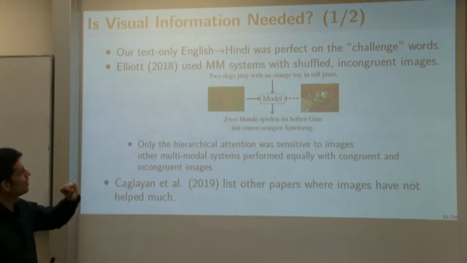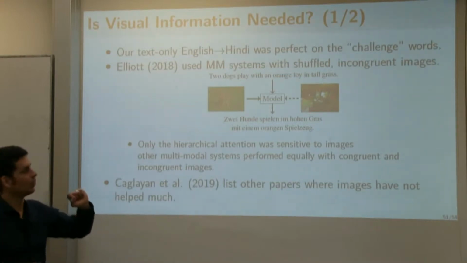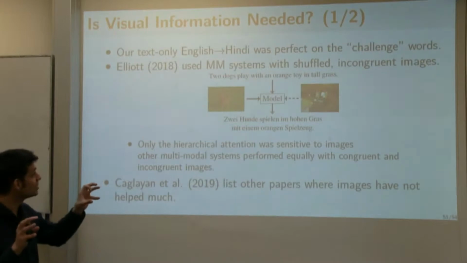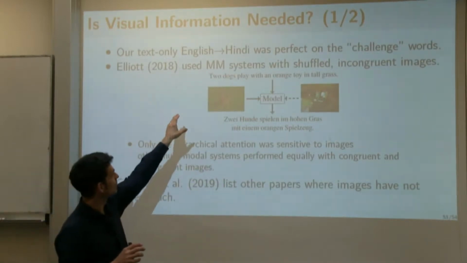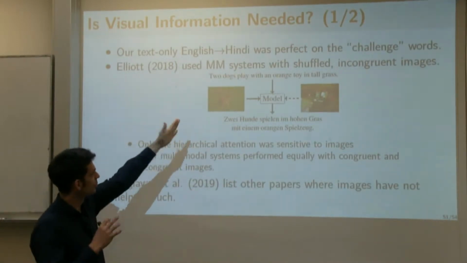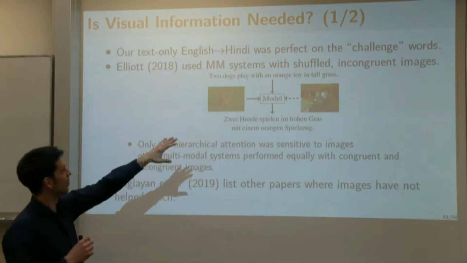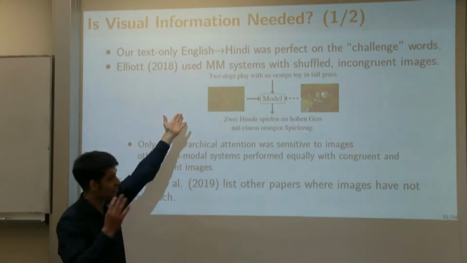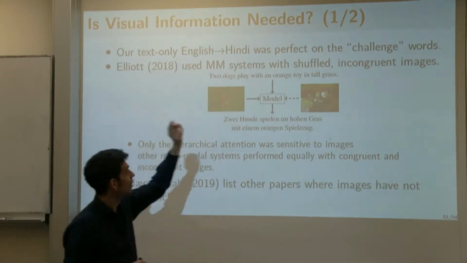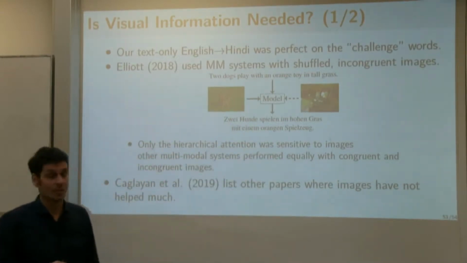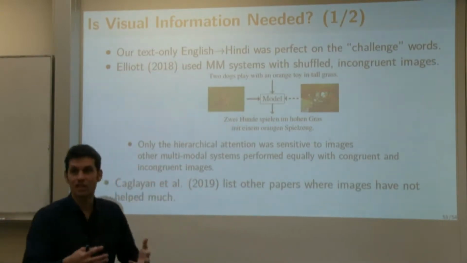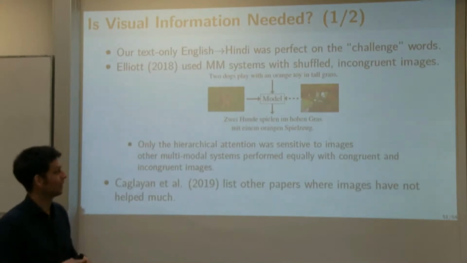So what he used was several multimodal systems. They were trained to consider the image, and along with the input sentence, such as "2 dogs play with an orange toy in a tall grass", he fed the model either with the correct image, which is 2 dogs in the grass, or with a random wrong image. And this non-congruent image was pretended to be useful for the input sentence.